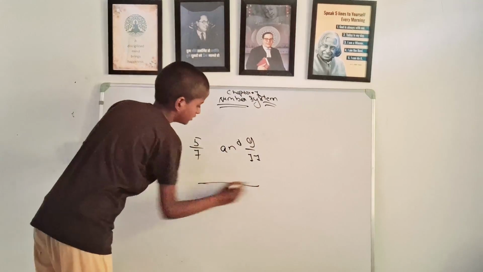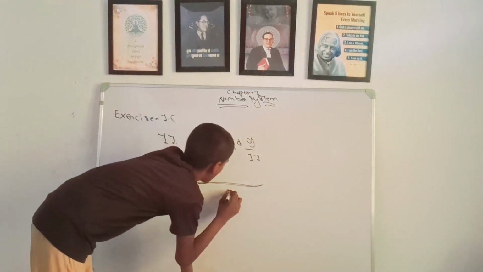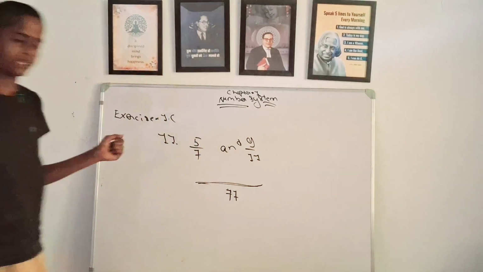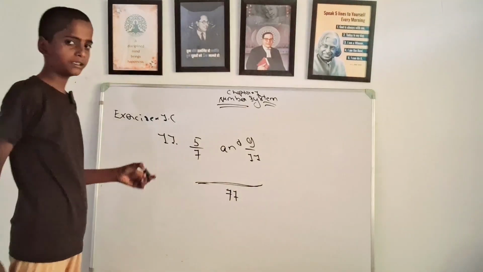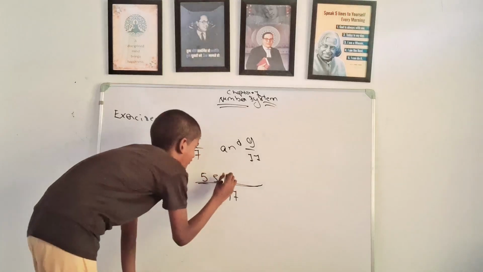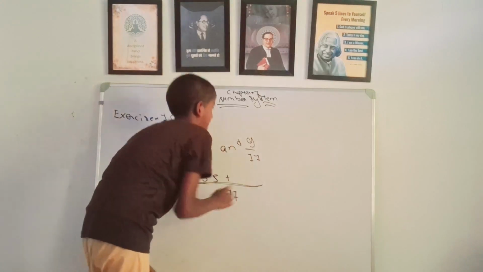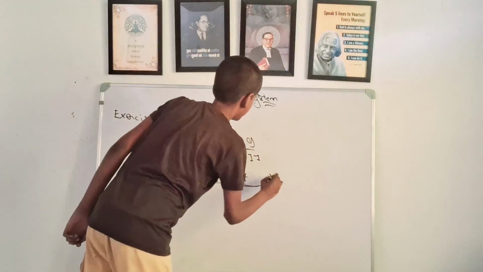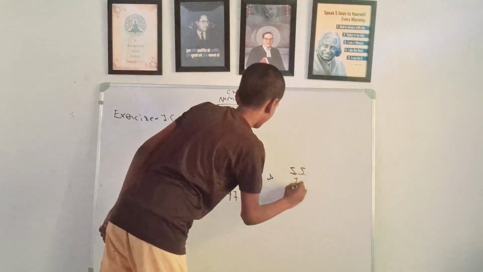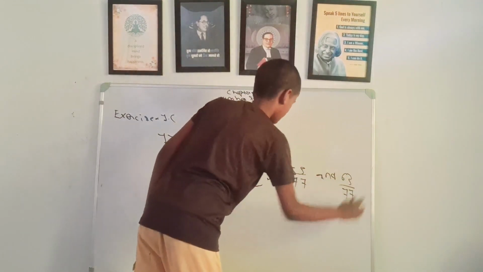First, take the LCM, which is 77. This is a simple question, so I can write directly: 5 by 7 is 55 by 77, and 9 by 11 is 63 by 77.